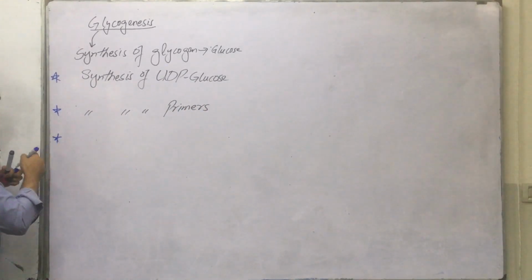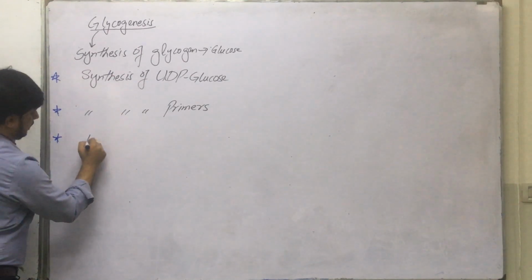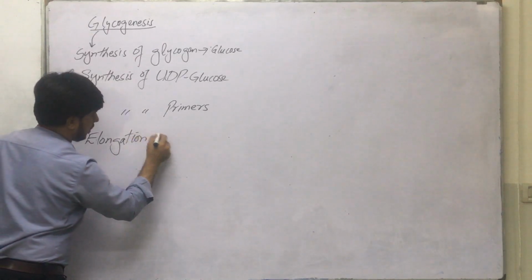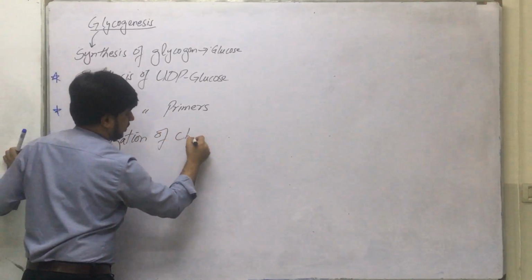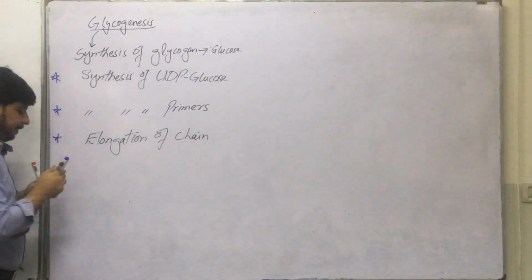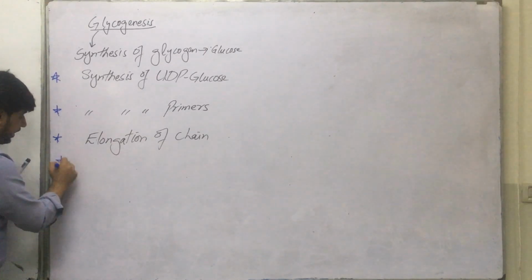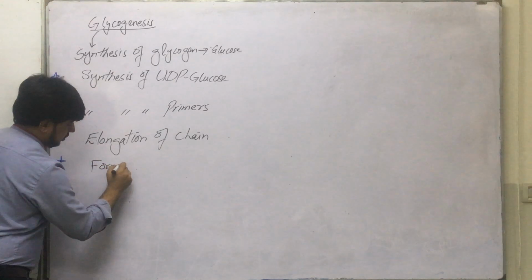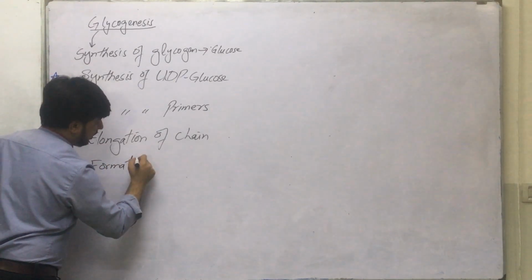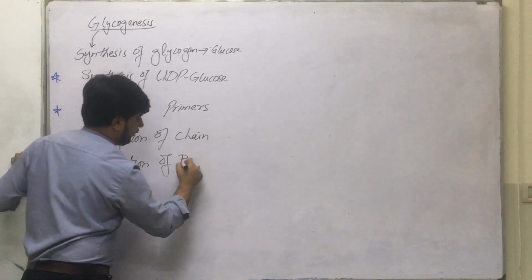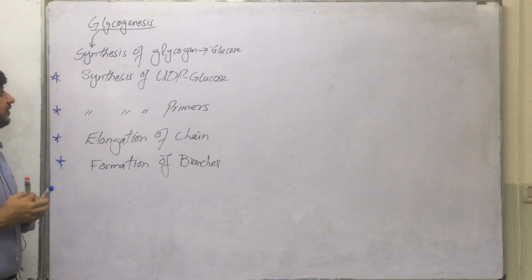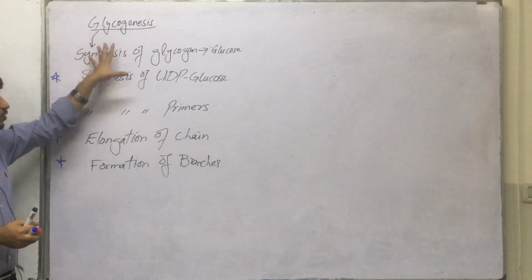Number 3 is elongation of chain, and number 4 is formation of branches.